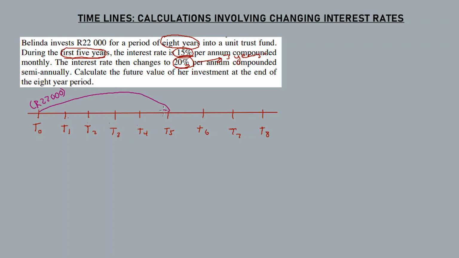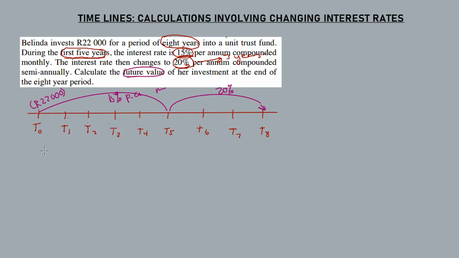For the first 5 years, ngiba no 15%, which is per annum compounded monthly, and then from T5 to T8, right after, for the remaining 1, 2, 3 years, we have 20%. Let's calculate the future value of an investment at the end of the 8-year period.